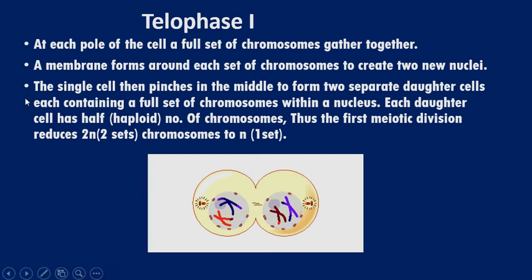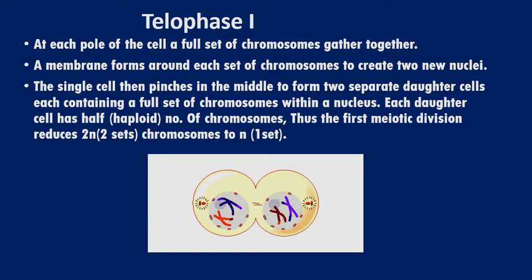Now the last stage of meiosis 1 is telophase 1. So at each pole of the cell, a full set of chromosomes gather together. So here what happened? The nuclear membranes are reformed.